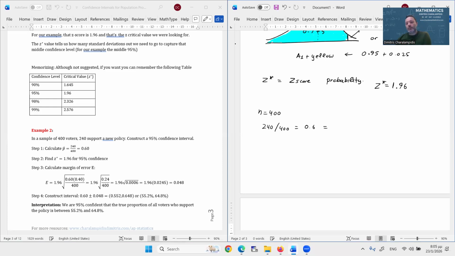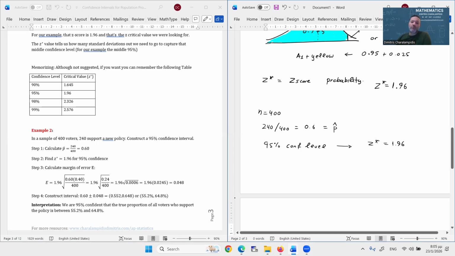So this is the sample proportion. 60% of them support a new policy. That is the characteristic we care about. We need to construct a 95% confidence level. Remember that when the confidence level is 95, we found that the z critical is 1.96.